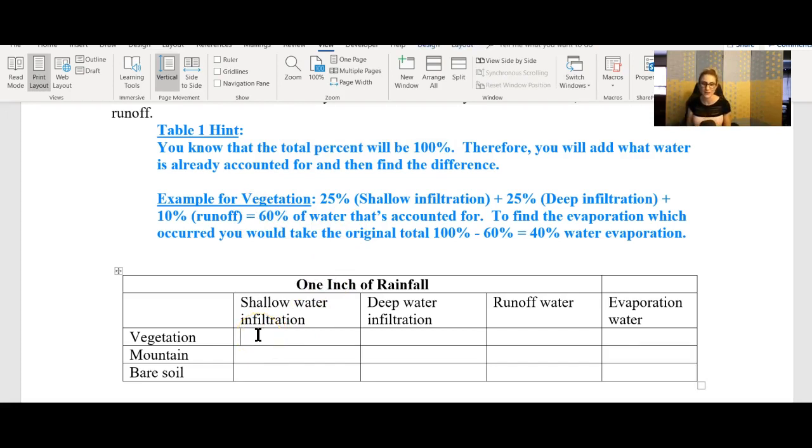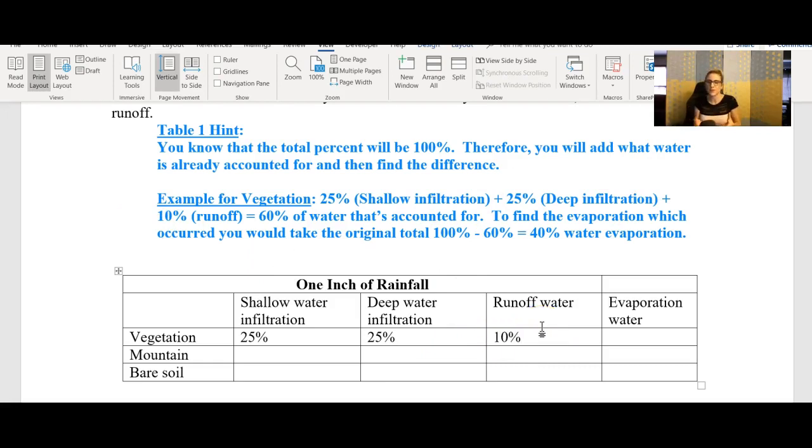Let's say you go to site 1, you're looking at vegetation, and in my example, shallow infiltration for vegetation is 25%. Deep infiltration in my example for vegetation is also 25%. And then the runoff is 10%.